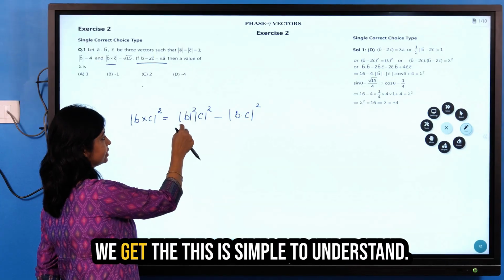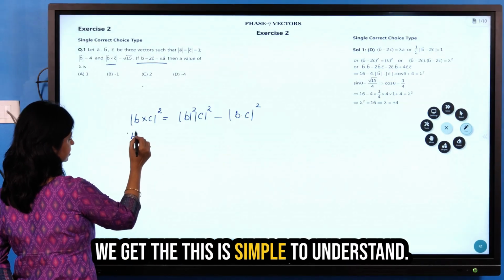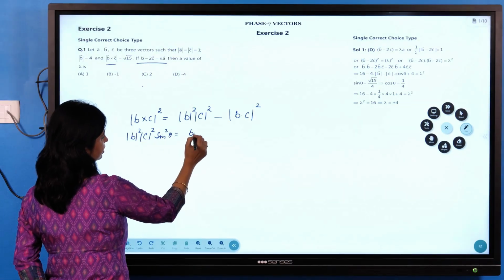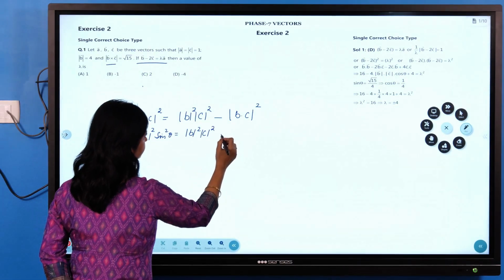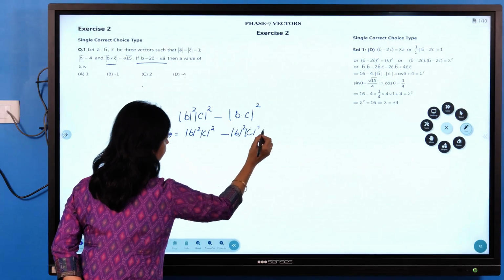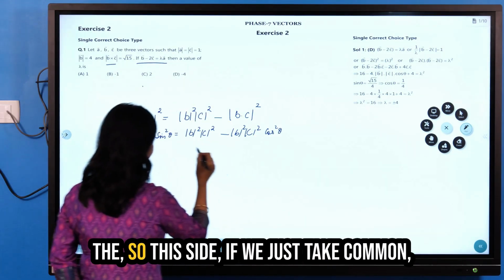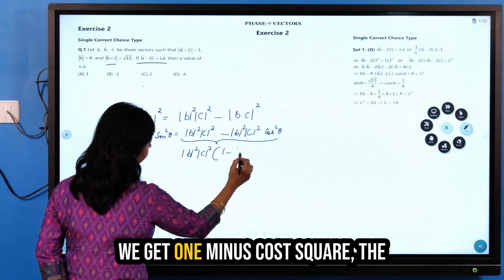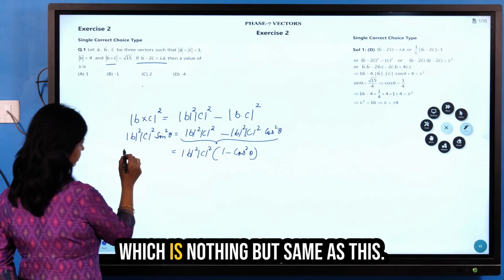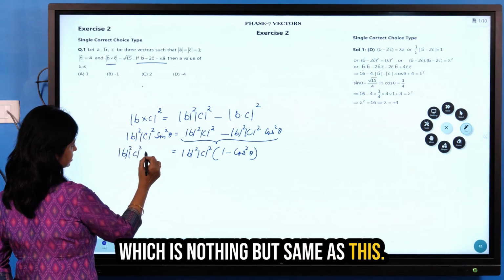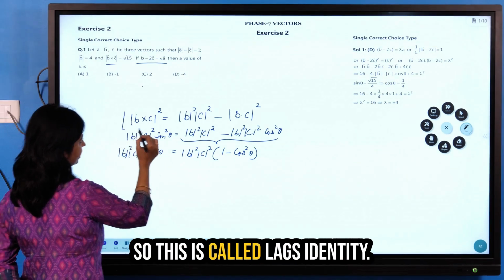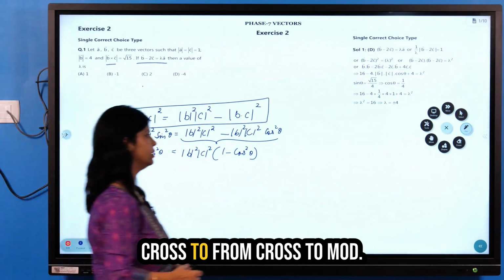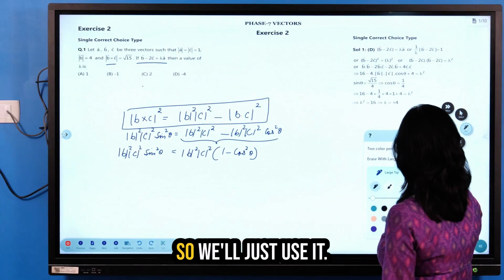If we take B square C square common, we get 1 minus cos square theta, which is nothing but sine square theta. So this is Lagrange's identity, and it is used to convert from cross to mod.